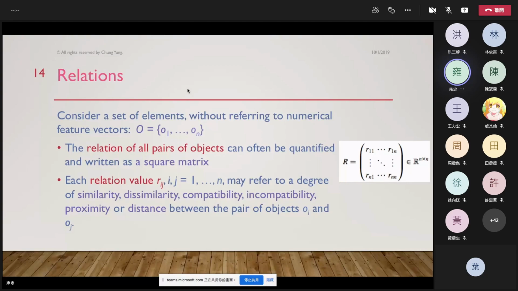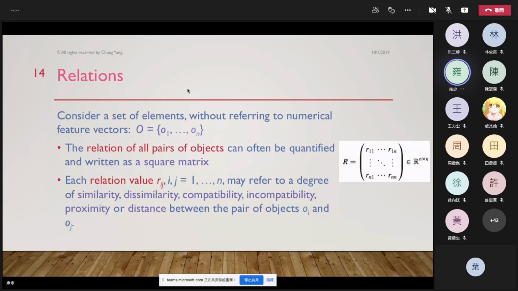The relation of all pairs of objects can often be quantified and written as a square matrix, as you can see on the right. That's the relation of all pairs of the objects. The relation between the first data and itself is R11, and so on.